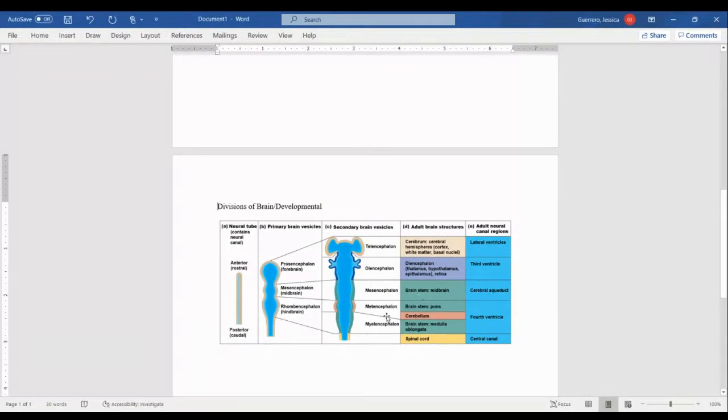This developmental pattern is useful not only for the developmental aspect, but also for the adult structures and the ventricles as well. So that would be a good reference tool for study. You need to know the components of the brain stem.